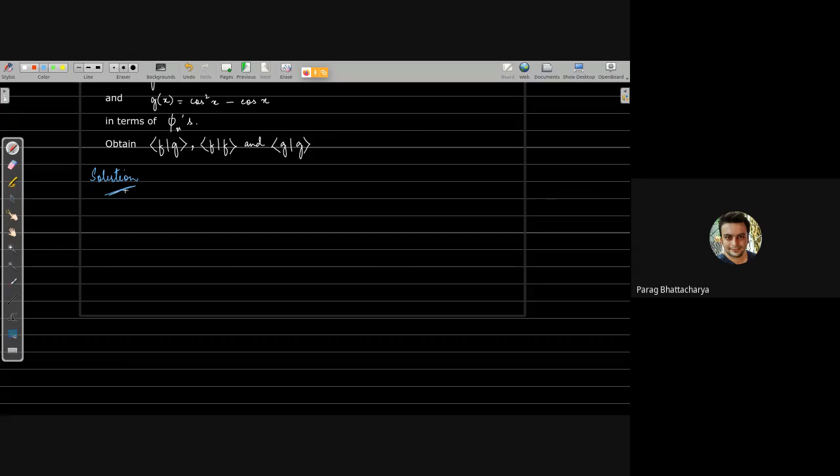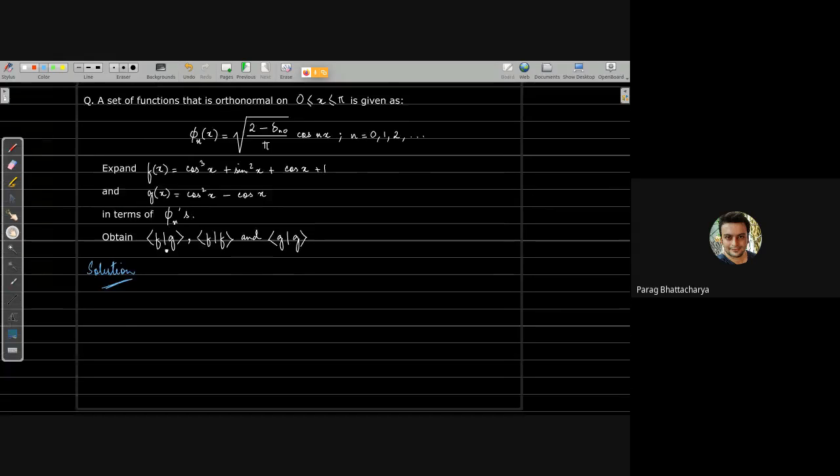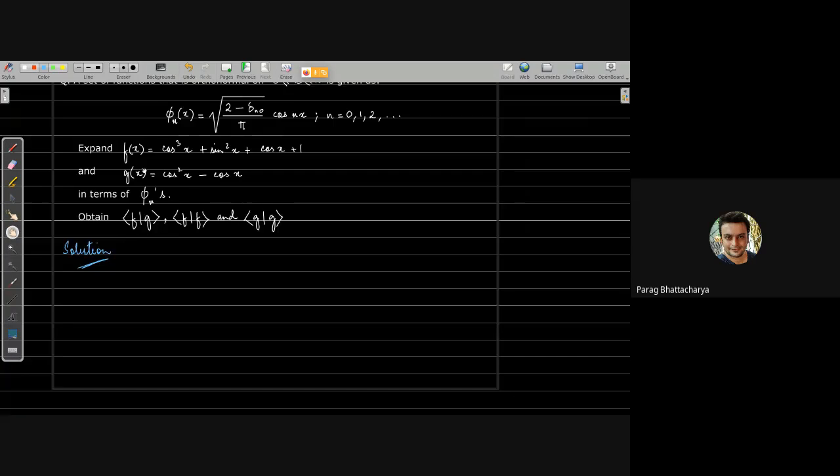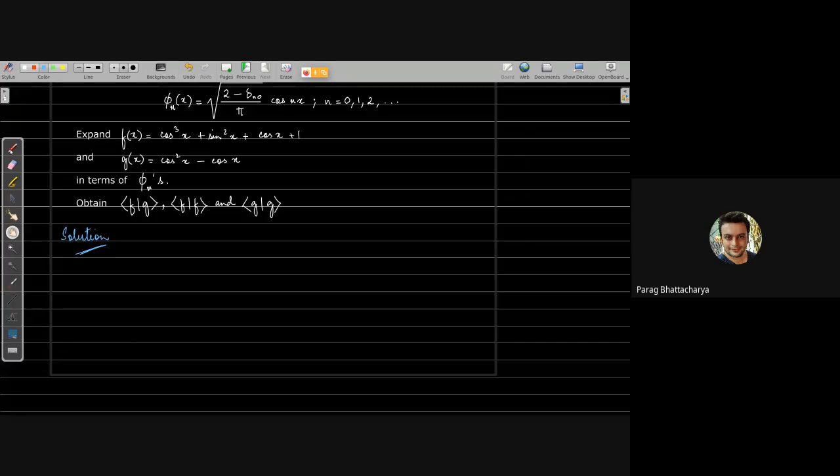To solve this, let's write this down. We have phi n of x is equal to the square root of (2 minus delta n0) divided by pi, times cos of nx. What is this delta? This is the Kronecker delta function, right? It will be equal to 1 when n is equal to 0.